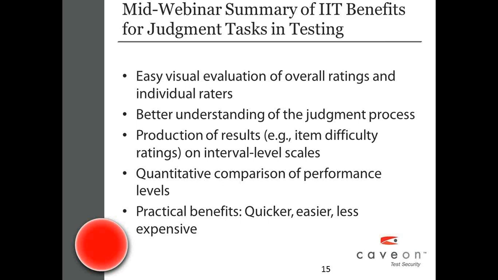We've seen the production of results on interval level scales, and in a minute we'll see item difficulty ratings on those scales. We see the quantitative comparison of performance levels, such as those work schedules or probability of winning, and so we see great places where we can compare different factors quantitatively.